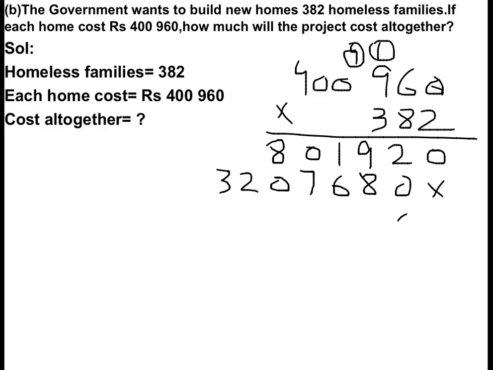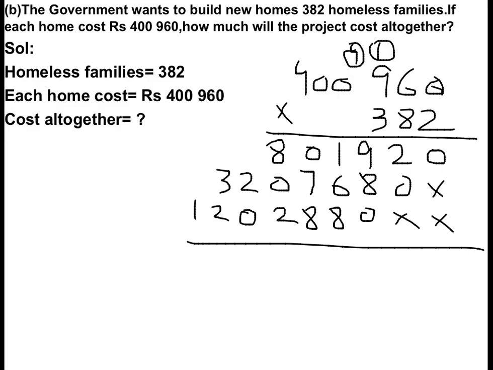Okay, in 100 place there is 3. 3 0 0, 3 6s are 18, 1 carry, 3 9s are 27, 28, 3 0 0, 3 4s are 12.